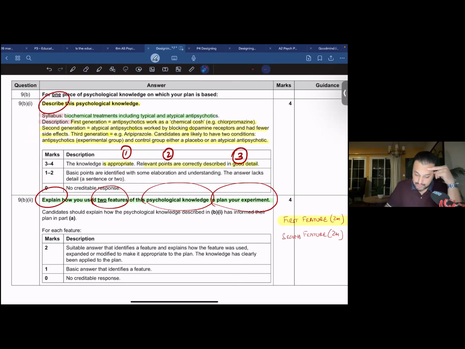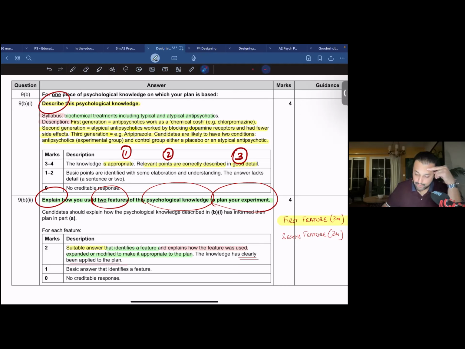Provide a suitable answer that identifies a feature and explains how the feature was used, expanded or modified to make it appropriate to the plan. The knowledge has, just underline this, the knowledge has clearly been applied to the plan.